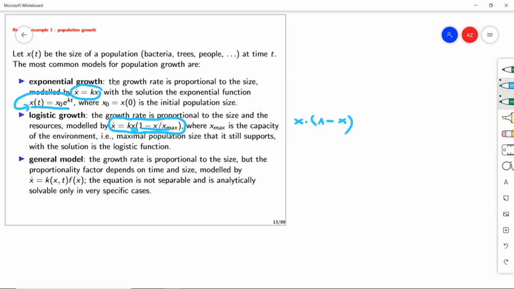So for x small, 1 minus x is approximately 1, which means that the growth is approximately k times x. So the growth is approximately exponential, what we know from the exponential model.